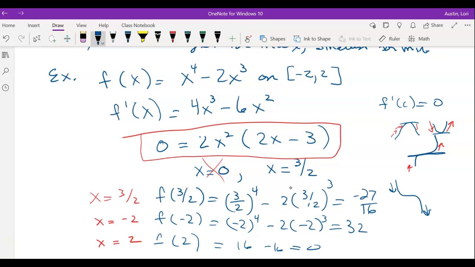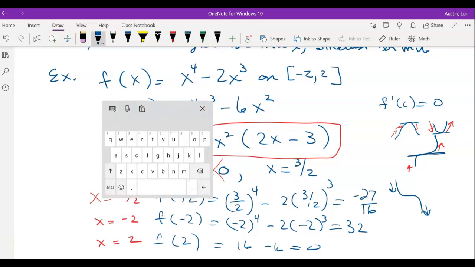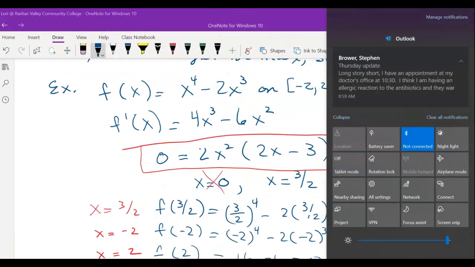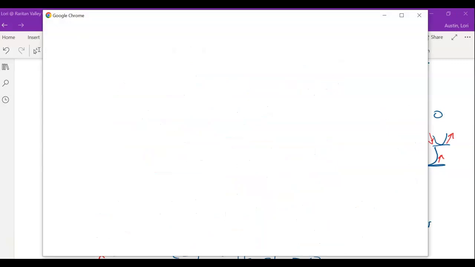So, should we plug it into Desmos real quick and see what the graph looks like? Because here's what's great about doing these problems when you're done. Just put it in Desmos. How many of you have your computers? Go ahead and stick it in Desmos. I'll do it here, and then we'll be done. So let me plug this into Desmos. I have to get out of tablet mode for a second because I did not have Desmos open.